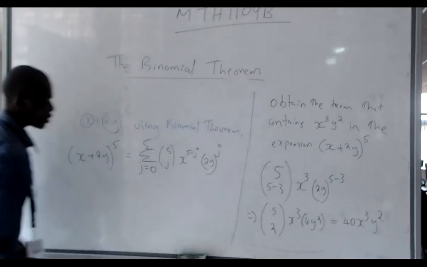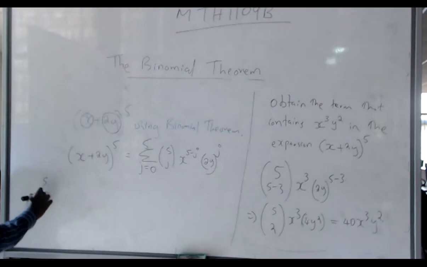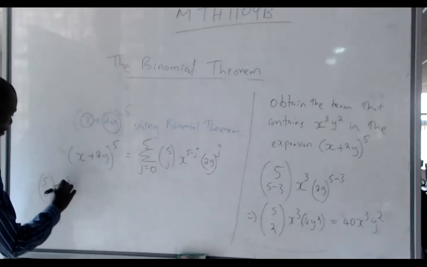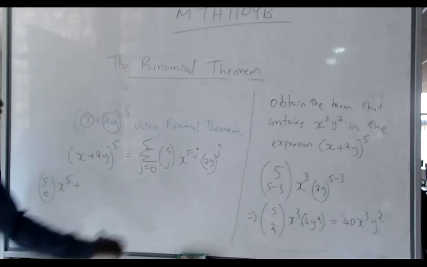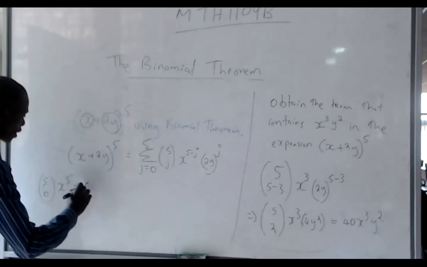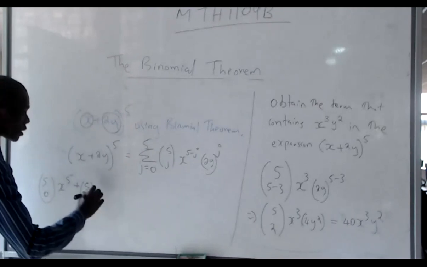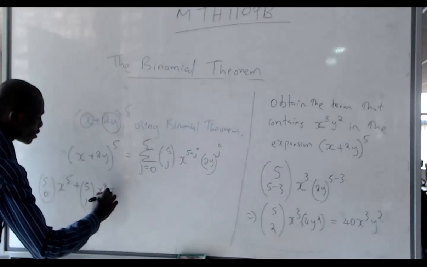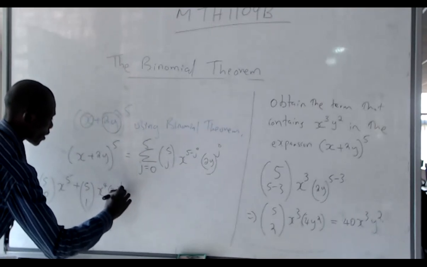So when j is 0, I have 5 combination 0 and then x to the power 5. Plus, when j is 1, I have 5 combination 1, x to the 4, 2y to the 1.